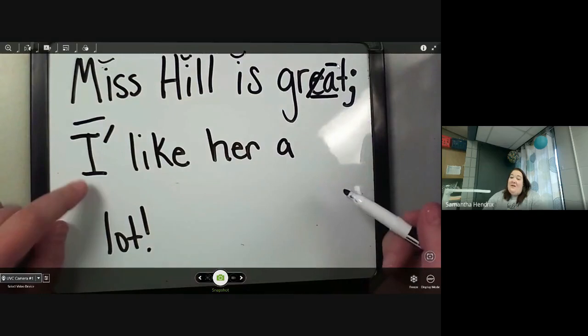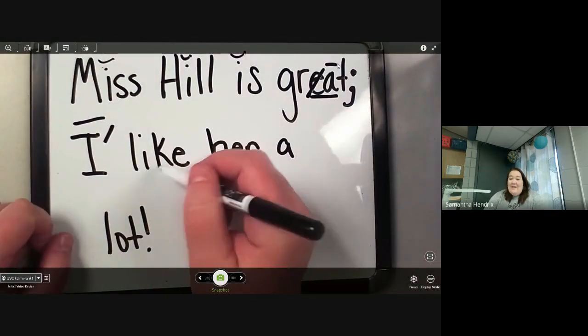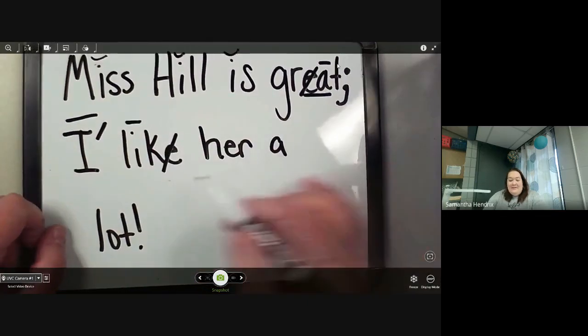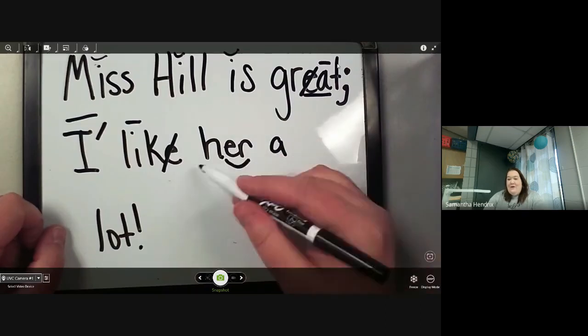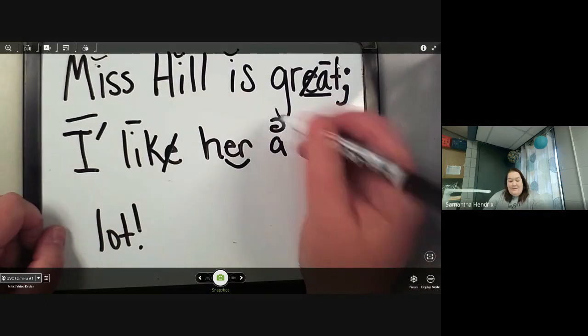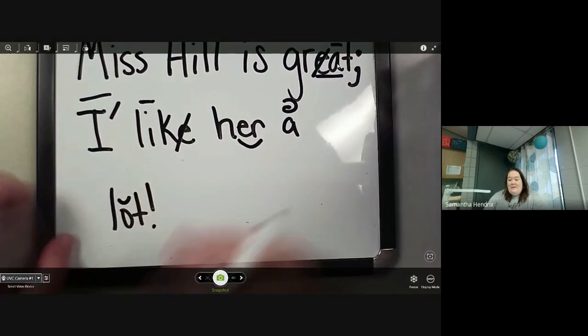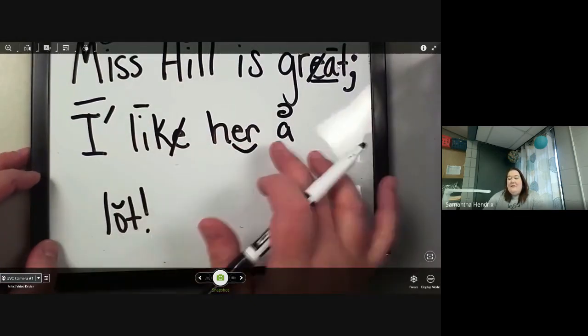Open-ended vowel, so it's long. I. Oh, I see it. I, consonant E. Like. Combination ER. Lot. Miss Hill is great. I like her a lot.